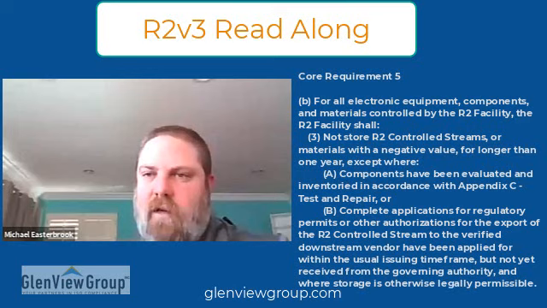I think this is something new to the R2v3 standard, the emphasis on the environmental management of all material coming into your facility. You need to have a way to manage that and to not create negative environmental impacts through your operation.